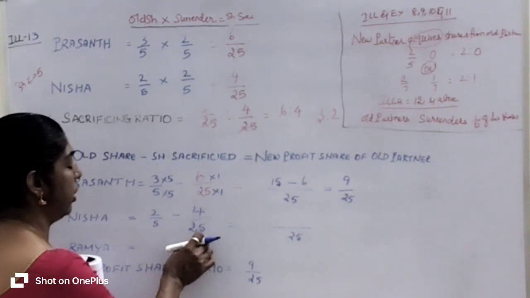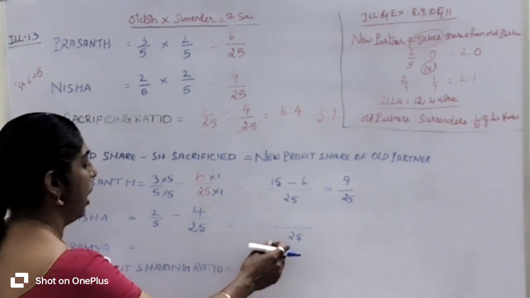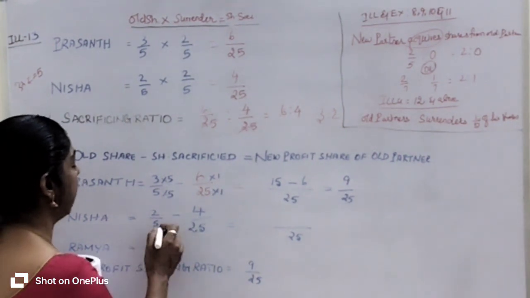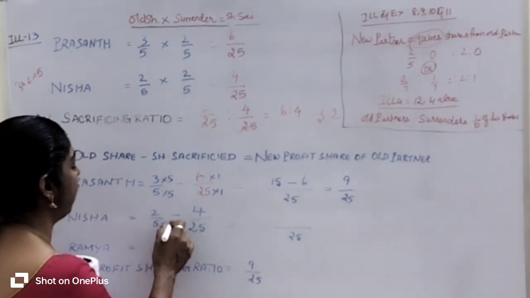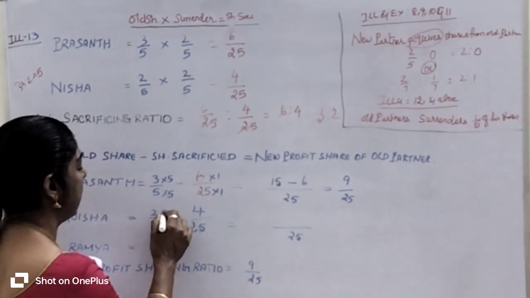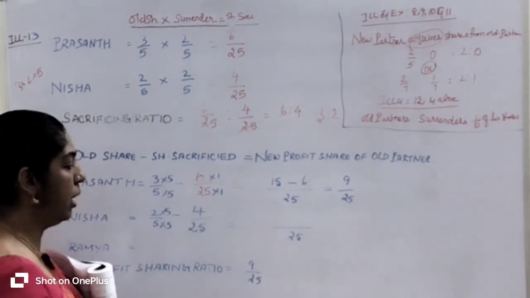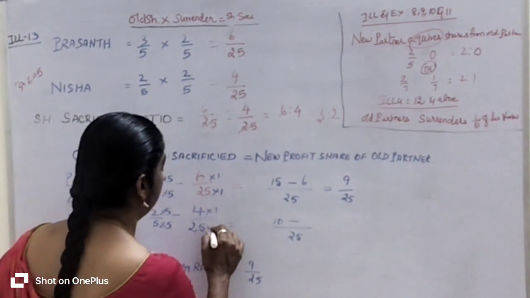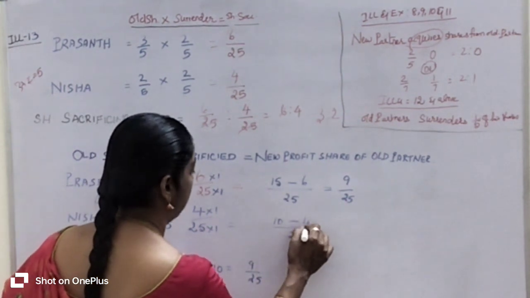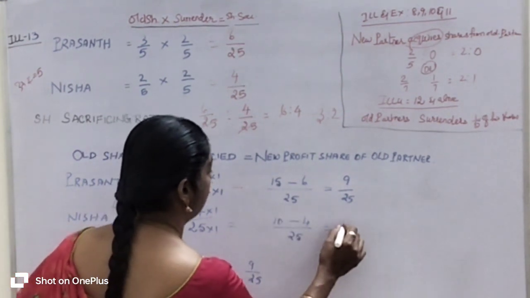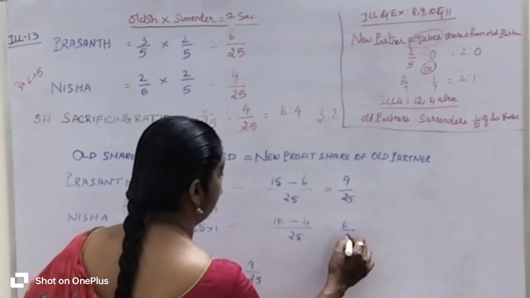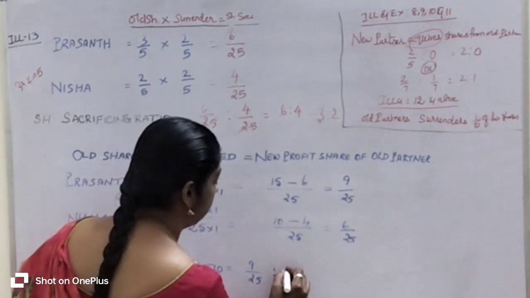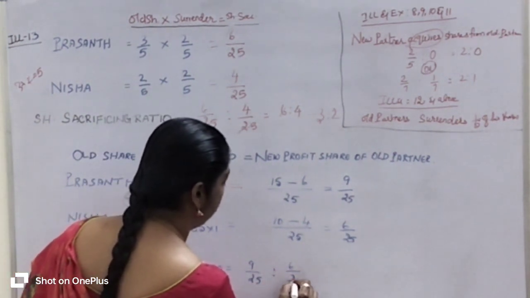We enter 25 in the denominator. How many times does 5 multiply to get 25? 5 5s are 25. Same number you enter in the numerator: 2 5s are 10, minus 1 4 is 4. 10 minus 4 you will get 6. 6 by 25, right? Nisha's new profit sharing ratio is 6 by 25.